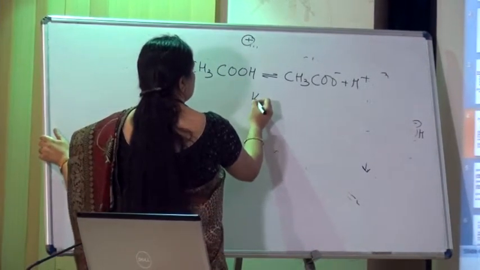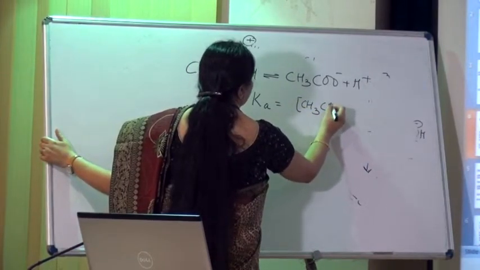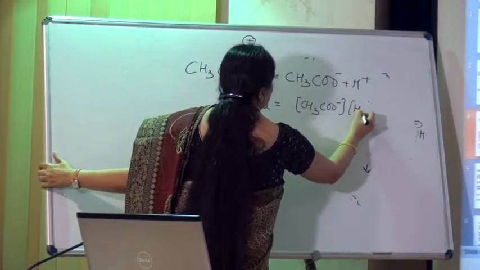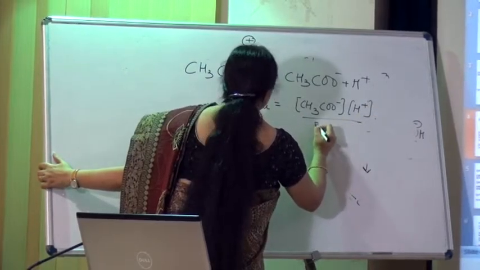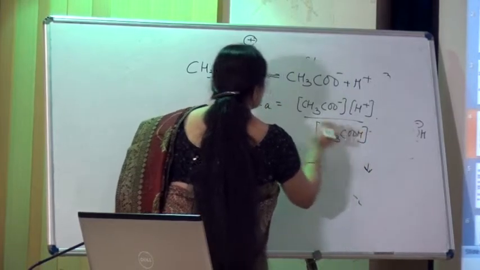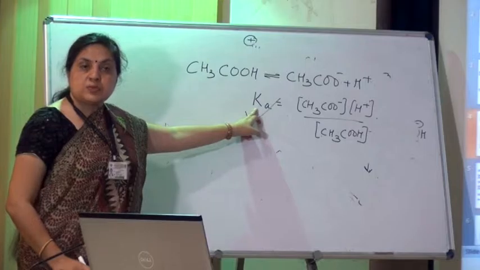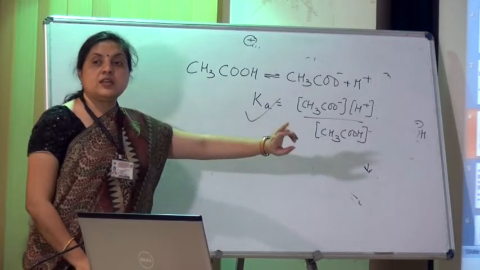Dissociation constant means the concentration of the right-hand side species divided by the concentration of this. So the higher the K, the more the dissociation takes place, and the stronger the acid.